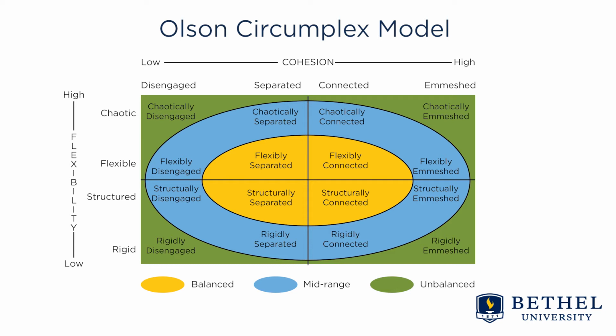But too much flexibility leads to chaos in the family, lack of leadership, erratic discipline, too much change. But too much rigidity also leads to authoritarian leadership. Remember this type of parenting style from the lifespan development course, where there's little communication, little discussion and affection, strict discipline, and little change occurs.